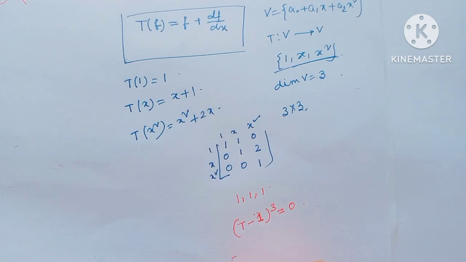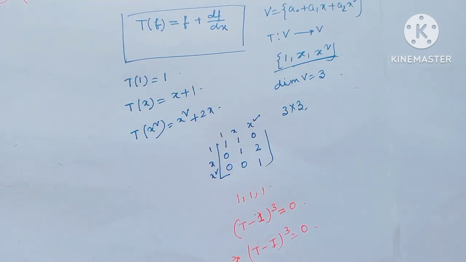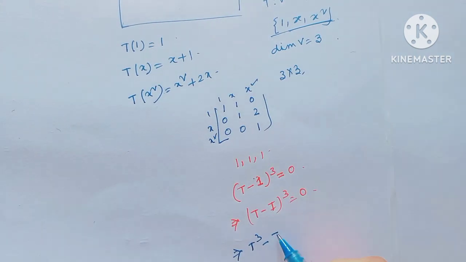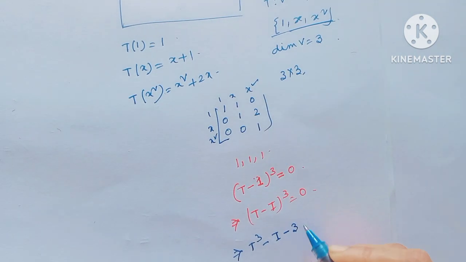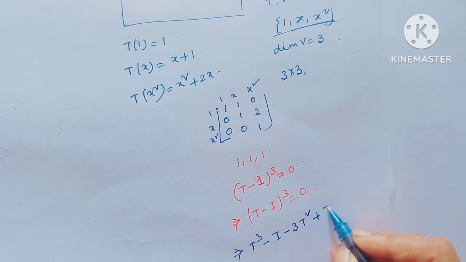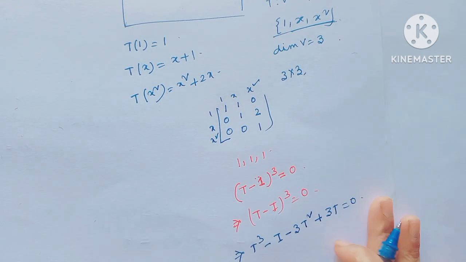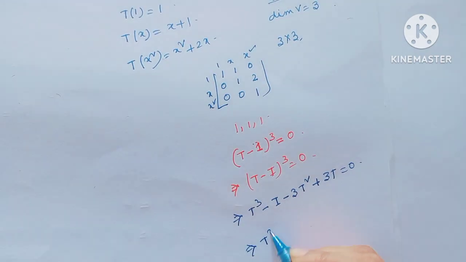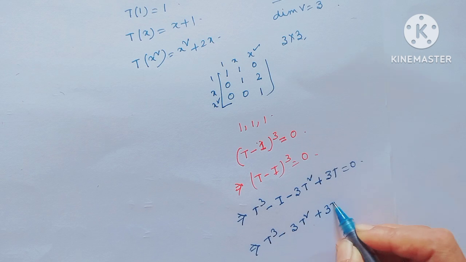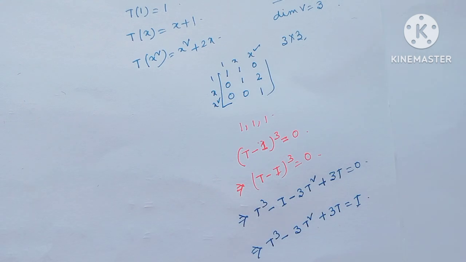That implies (T minus identity) whole cube equal to 0. That implies T cube minus identity minus 3T square plus 3T equal to 0. That implies T cube minus 3T square plus 3T equal to identity.